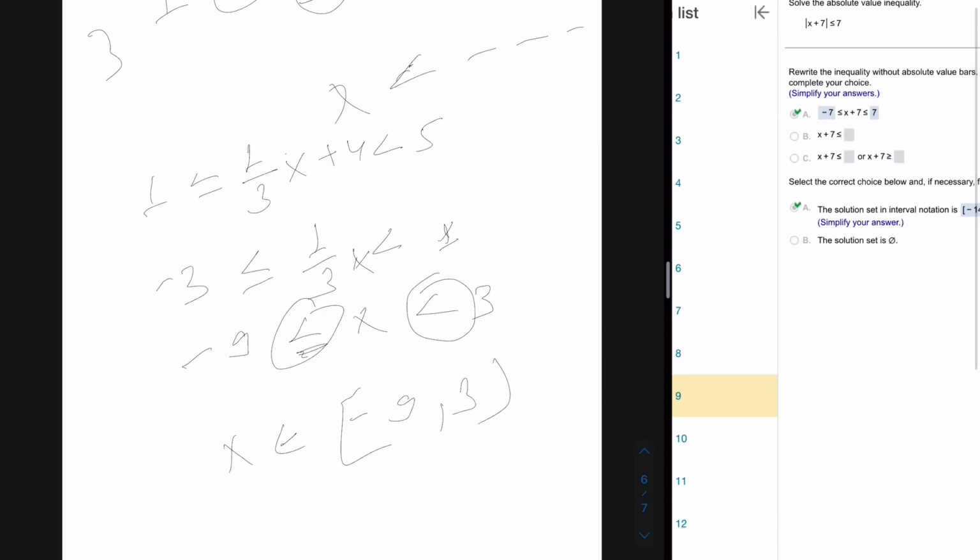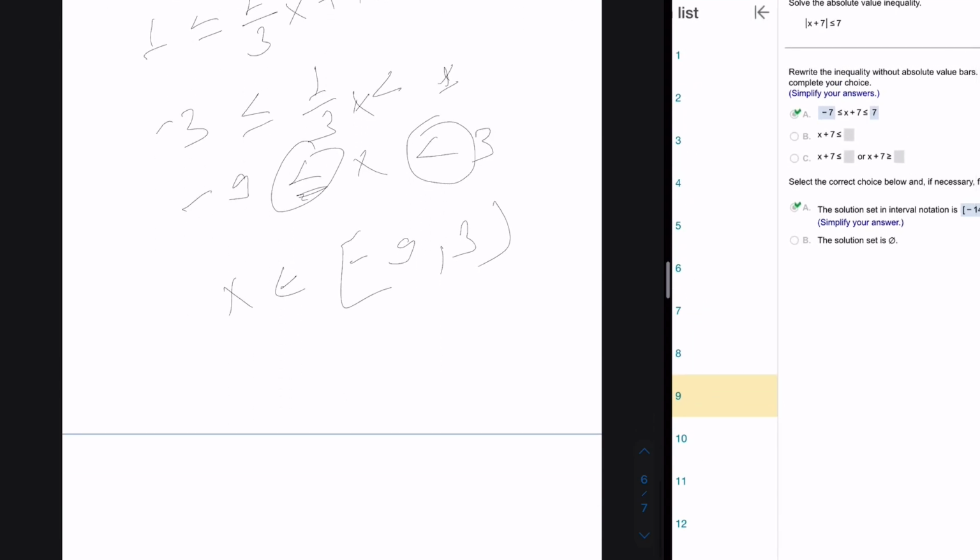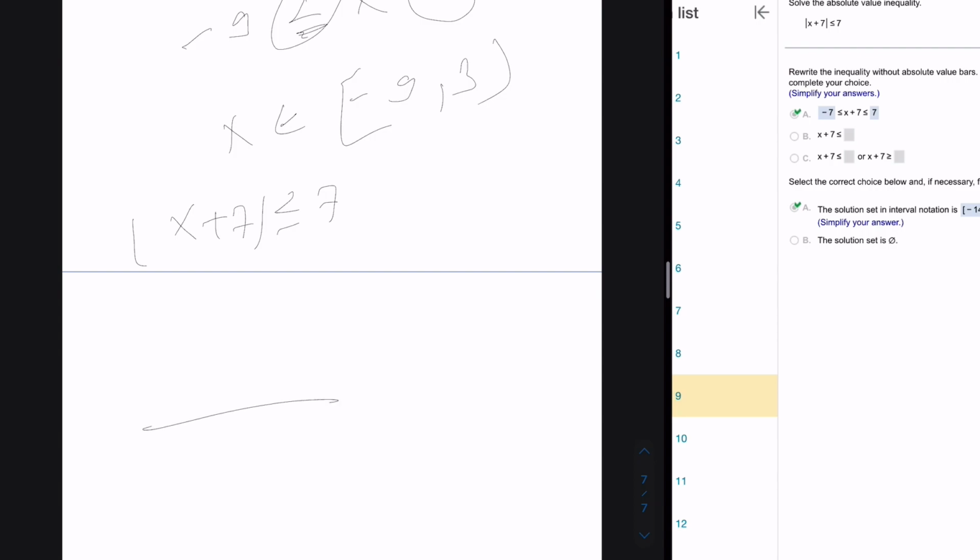It's the same thing. Plus 7. So if the absolute value is smaller, what I had told you, the graph will look like 7 and minus 7, correct?